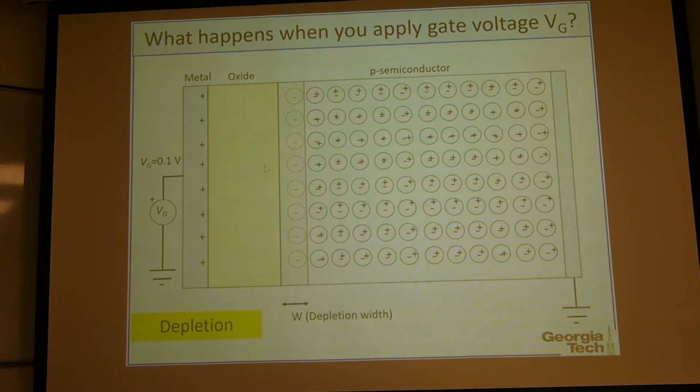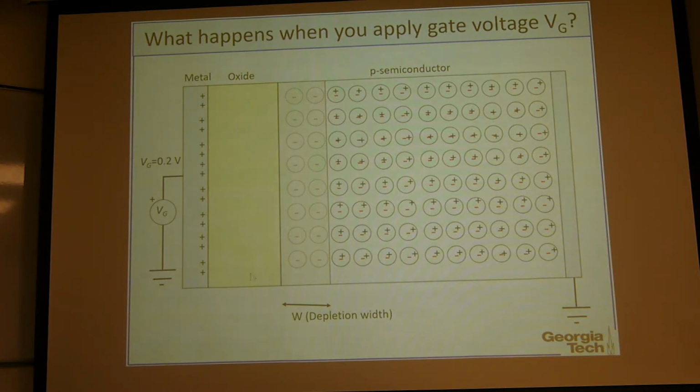This is a depletion, as we discussed. Let's further increase the voltage to 0.2 volts. So you have more positive charge on the metal, and then you are going to repel more holes away. So then this depletion width will further increase. And you know this Na minus, this negative charge, is going to balance the positive charge on the metal.